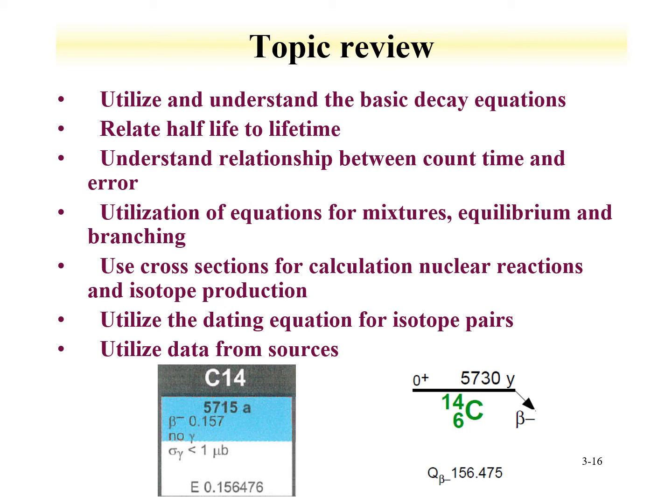Now, the one thing I want to point out is that in the example of carbon-14 on the previous page, 2 different half-lives were shown. This actually comes from the fact that depending upon the source, this is the chart of the nuclides, this is the table of the isotopes, I can get different half-life data.